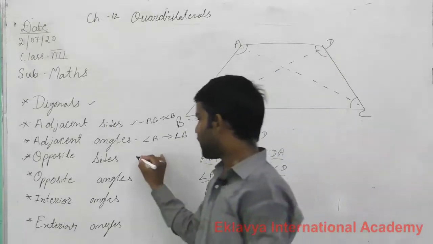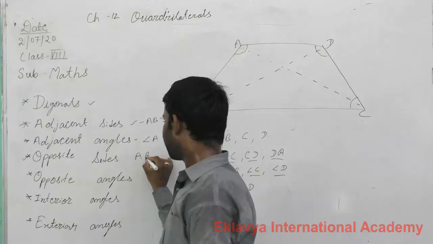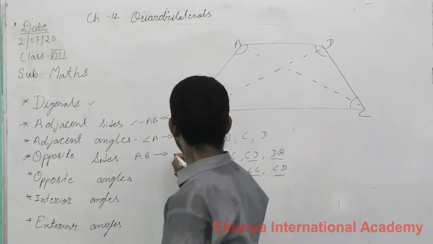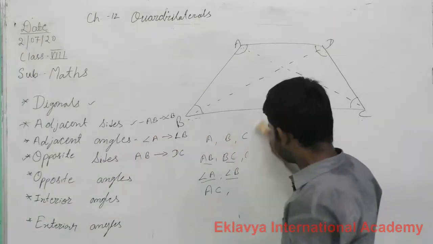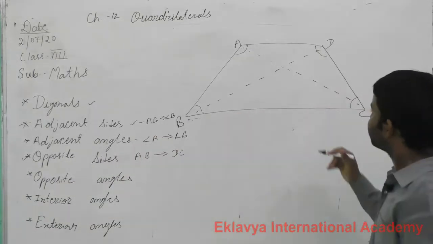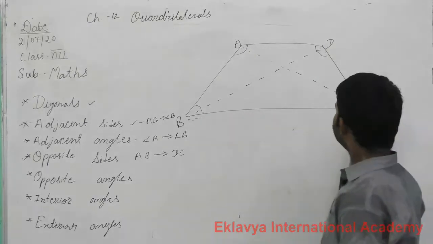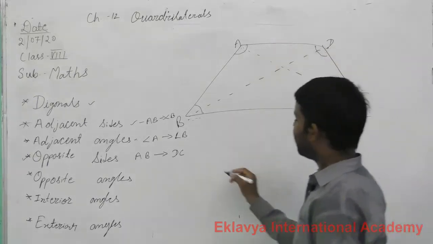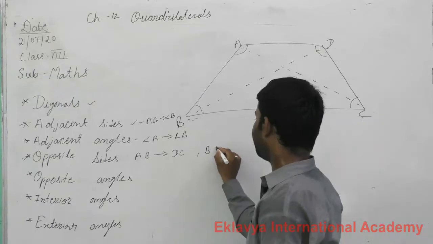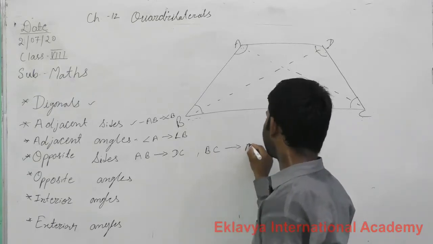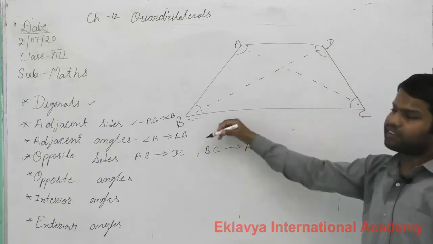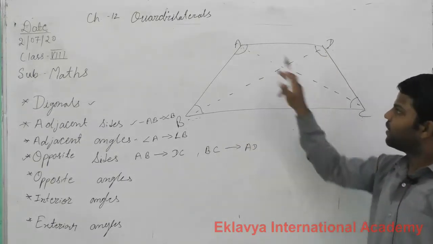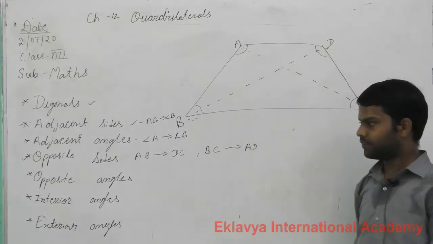Here we write AB is opposite side of DC and BC is opposite side of AD. Also we can say AD is opposite side of BC, otherwise BC is opposite side of AD.